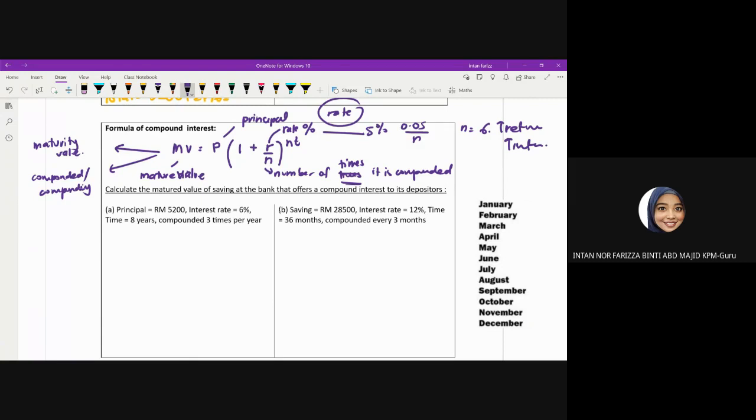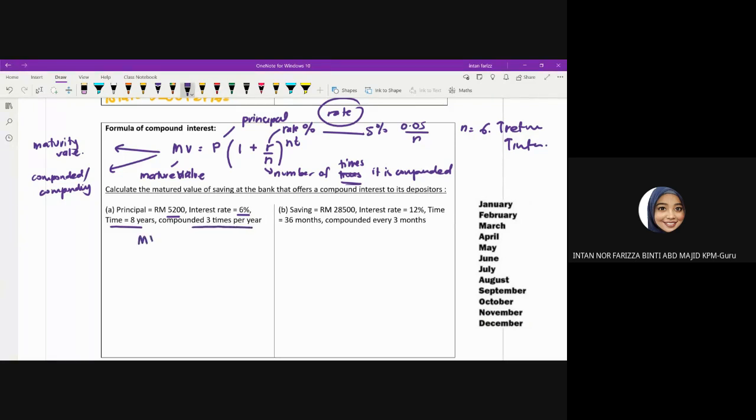So now the question is you have to calculate the matured value of the savings at the bank that offers compound interest to its depositors. We have principal of 5,200, interest rate of 6%, and the period that this person keeps the money is 8 years. And it is compounded 3 times per year.